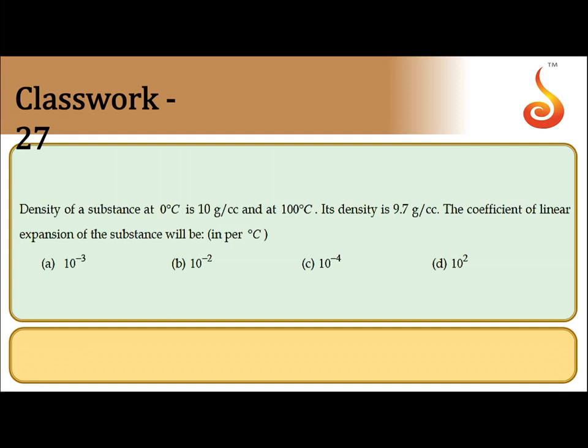They have given densities. So, density variation is related to volume expansion coefficient gamma. So, gamma is equal to delta rho divided by rho delta theta. So, that should be equal to rho 1 minus rho 2 divided by rho 1 into theta 2 minus theta 1.